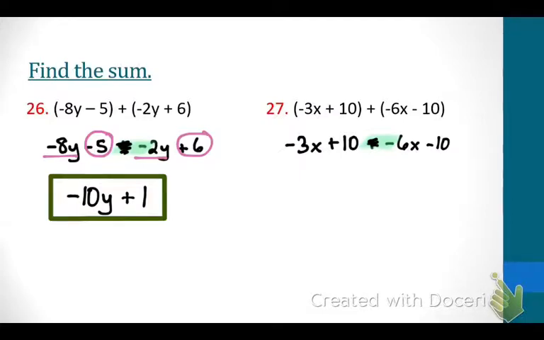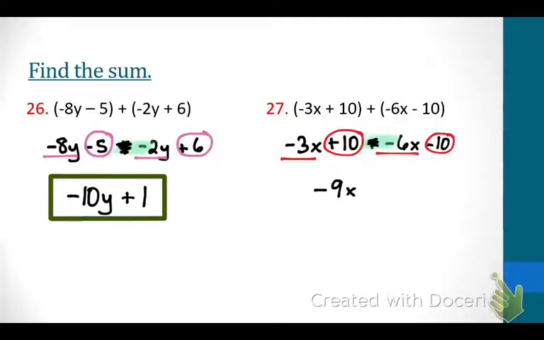Negative 3x, underline that, circle, positive 10, underline negative 6x, and circle negative 10. Excellent. Let's combine the x family first. And then that would be negative 9x. Do you guys agree with her that that's negative 9x?